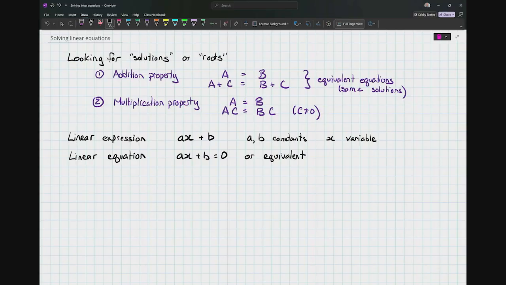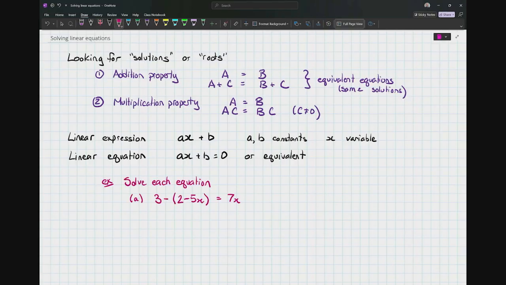We usually need to make it equivalent ourselves by using the two properties, addition and multiplication. Let's see how we can use the addition property and multiplication property for equations that are equivalent to this ax plus b equals 0 to be able to isolate x and get our roots or solutions.